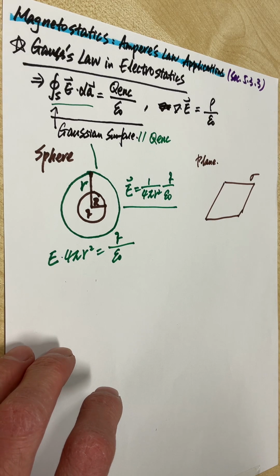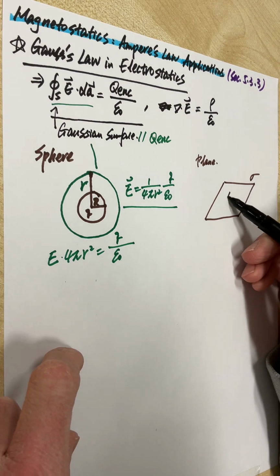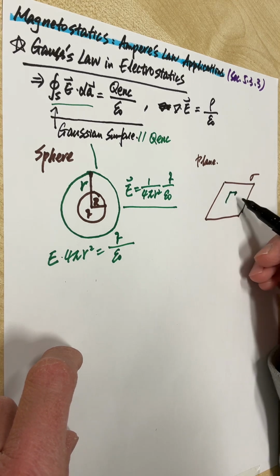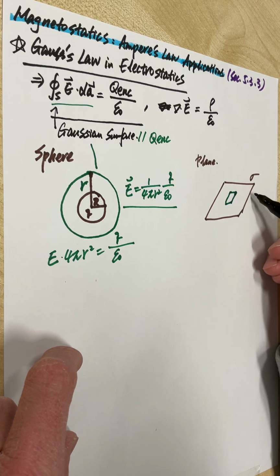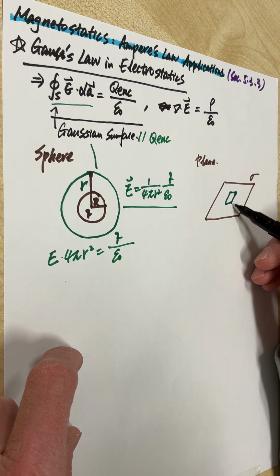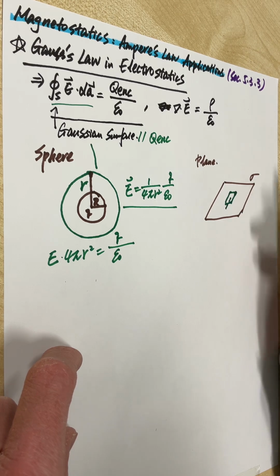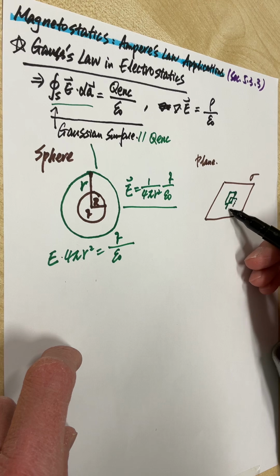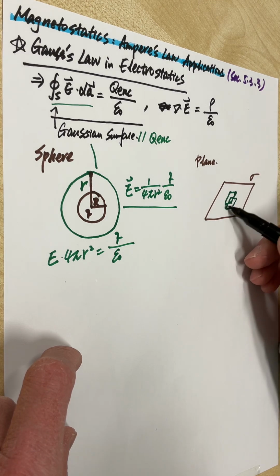So obviously we need a surface above this uniformly charged plane. It should be parallel to the plane, and we also need to close it. So we get another surface below the plane, also parallel to the uniformly charged surface, and we close it.